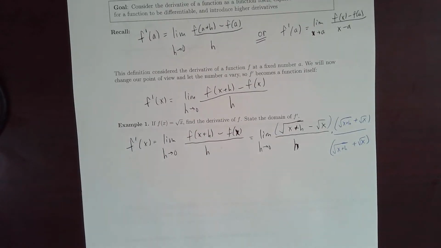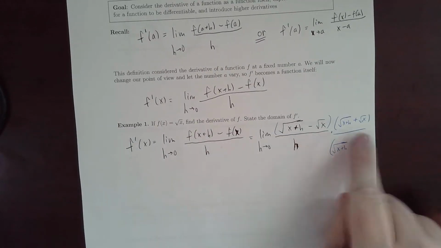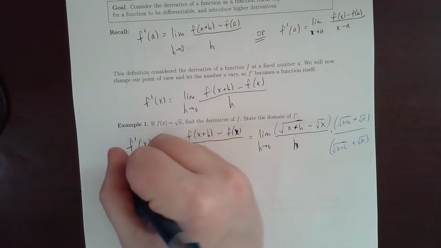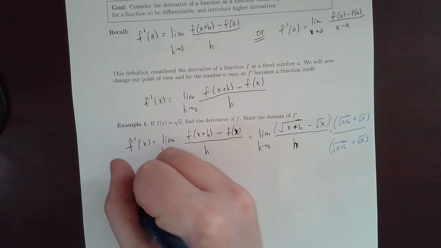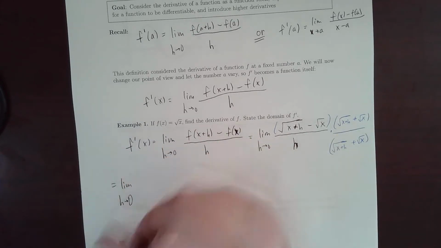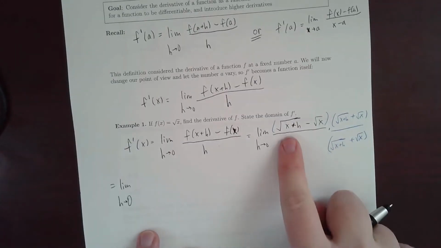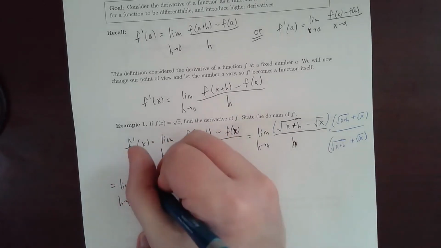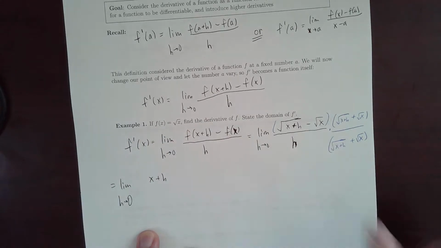In doing this, we'll FOIL the numerator out. We get the limit as h approaches 0 of square root of x plus h times the square root of x plus h, which will just be x plus h.